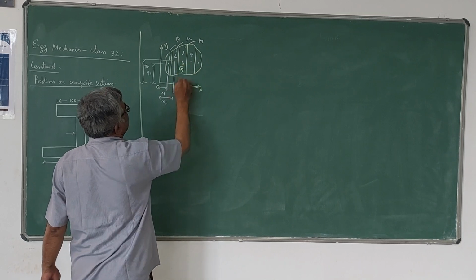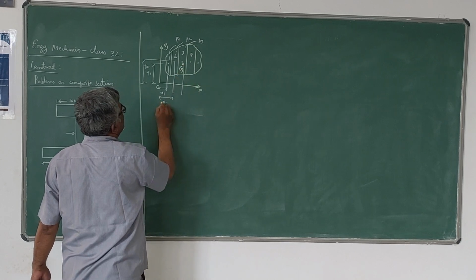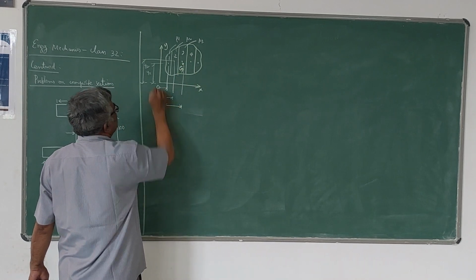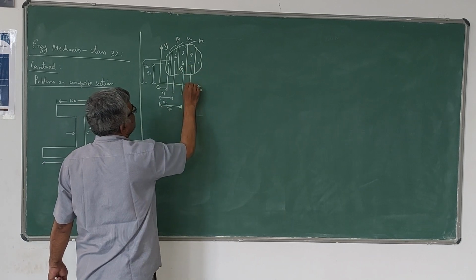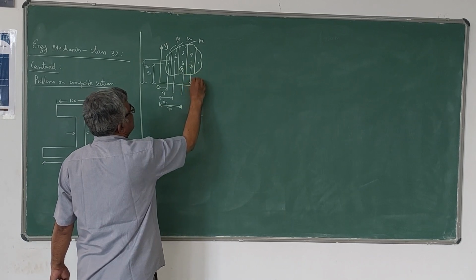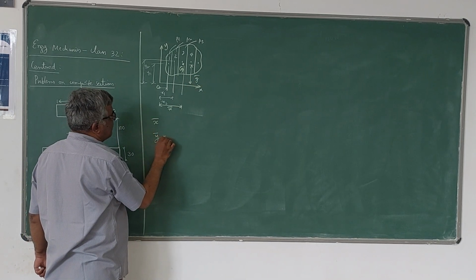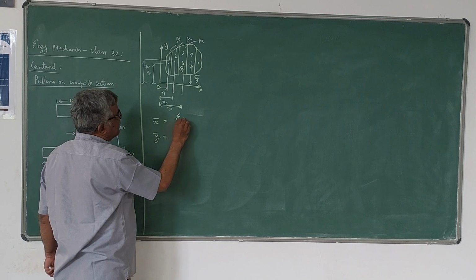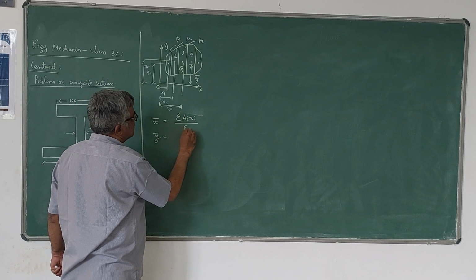Let us say D is the centroid of this entire section, and it lies here. Then the distance from the y-axis becomes your x bar, and whatever distance to D from the x-axis is y bar. These two are found using the formula x bar is equal to summation ai xi divided by summation ai.